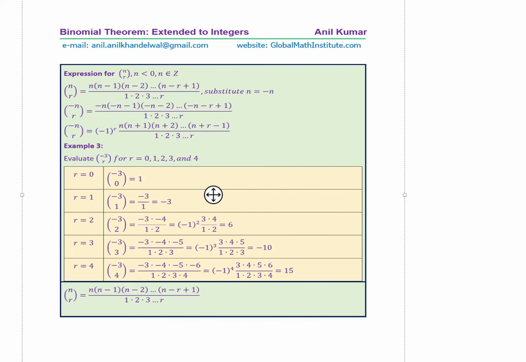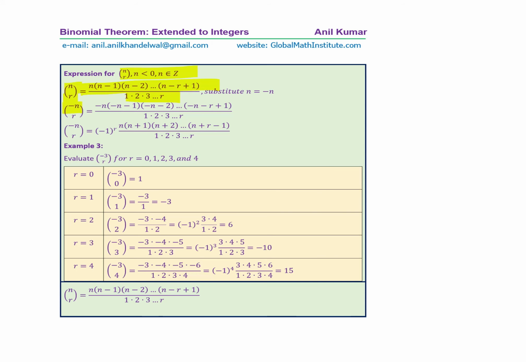Now let's take example 3, which is similar to what we have done, but again we'll summarize some of our learnings. We are now focusing on nCr, where n could be less than 0, right? It is now an integer. So in this particular example, we are taking n as less than 0. So nCr, as you know, the formula is n times n minus 1 times n minus 2 till n minus r plus 1, divided by r factorial.